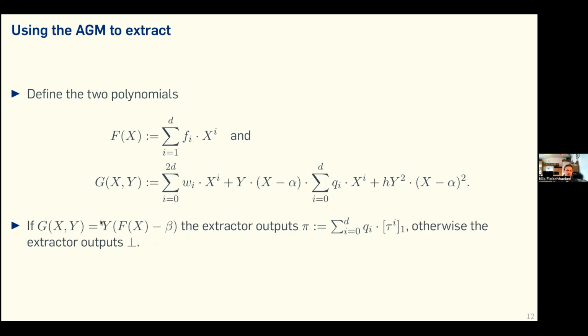Now, this actually corresponds to how the encapsulation algorithm can compute S. And if these are the same, then the extractor outputs pi, which is just this sum, basically this middle part of this explanation of S.